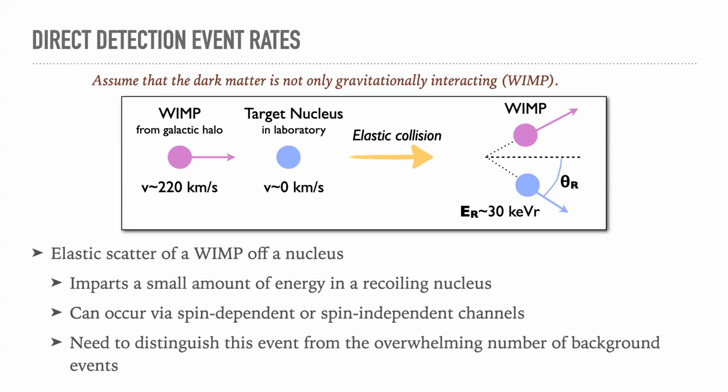It turns out there are other channels this can occur through as well, and I'll briefly touch on that, and then in week 4 you're going to have a whole lecture about it. We're going to need to be able to distinguish this type of event over all of the overwhelming number of background processes that can also occur in these detectors.